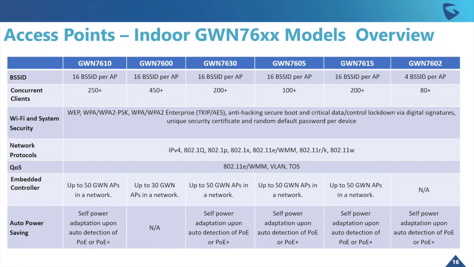The other standard also supported on the access points is 802.11w, which extends strong cryptographic protection and provides data integrity and replay protection for management frames. This is an option that you can enable or disable on the access point.